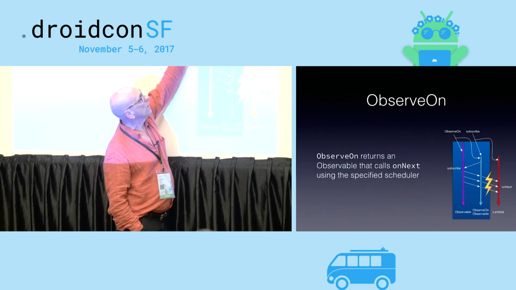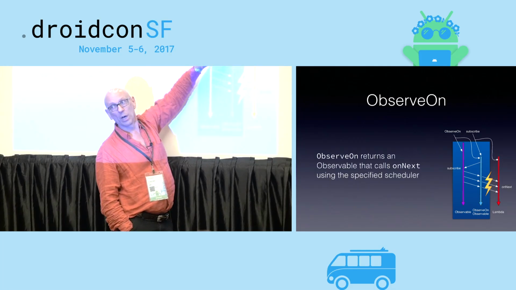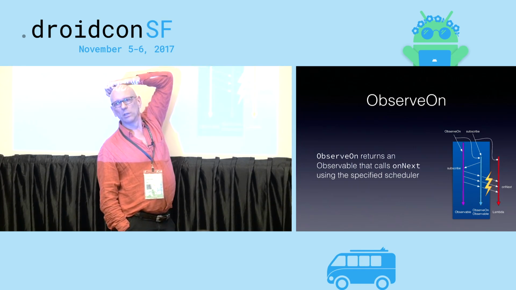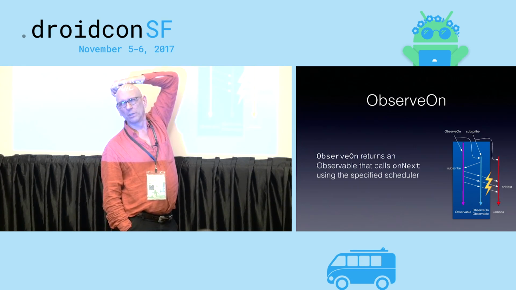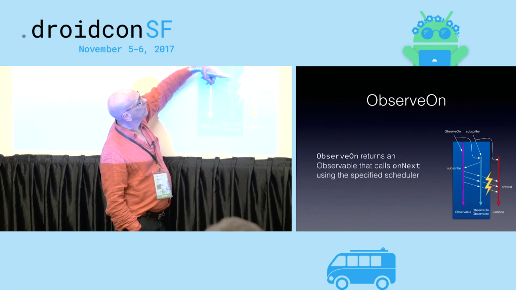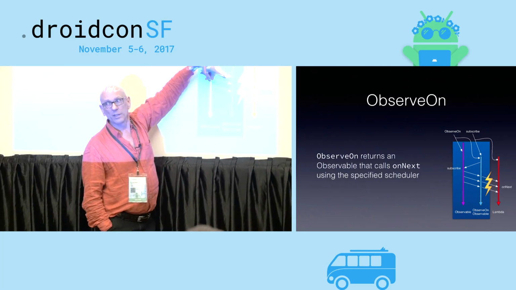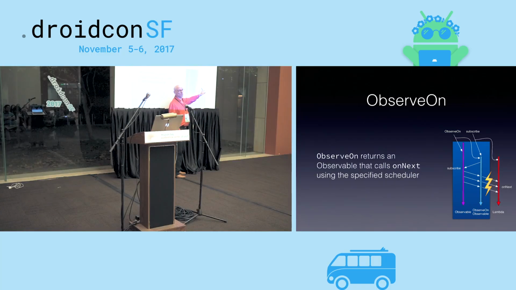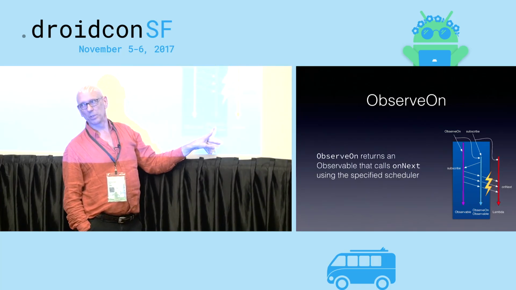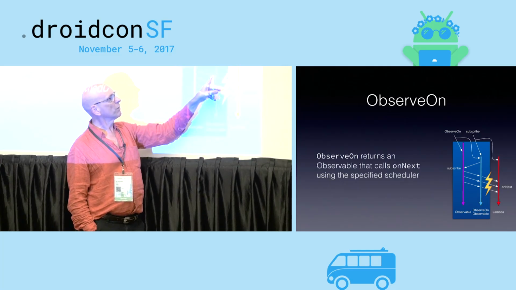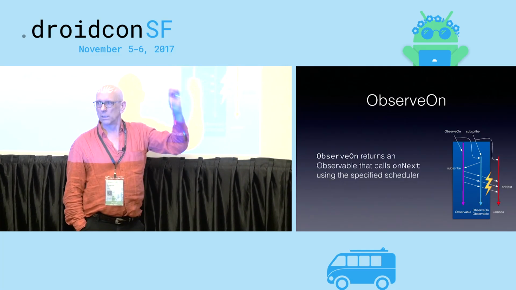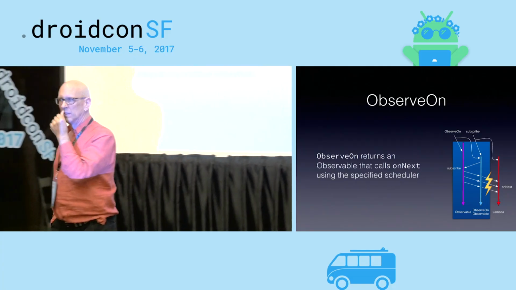When it gets the subscribe call, it calls subscribe to the network observable. Now, the network observable calls onNext, but it doesn't go to me. It goes to this observeOn observable.